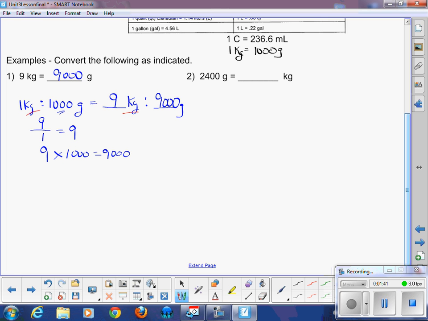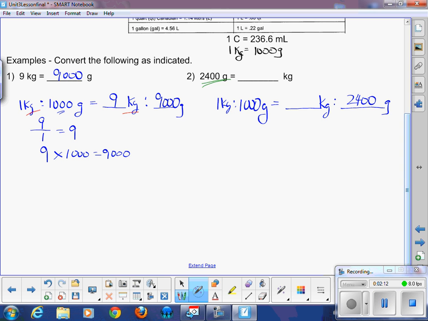Similarly, going the other direction, grams to kilograms. I know that 1 kilogram to 1,000 grams comes from our conversion chart, and is equal to so many kilograms to so many grams. They tell us we're working with 2,400 grams. You then take the number that's by itself, the 2,400.